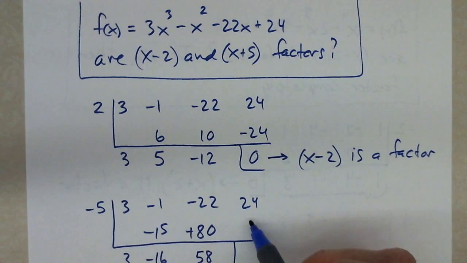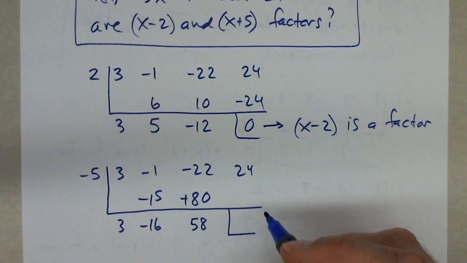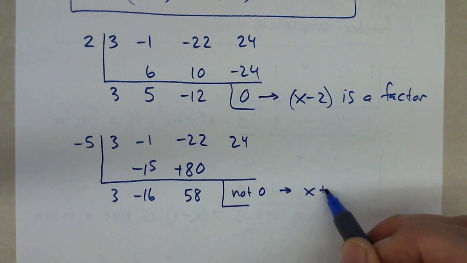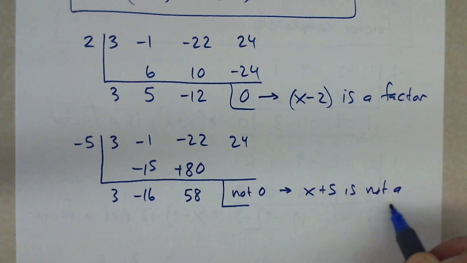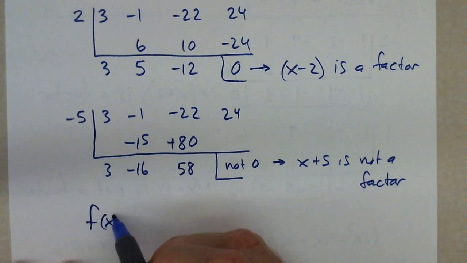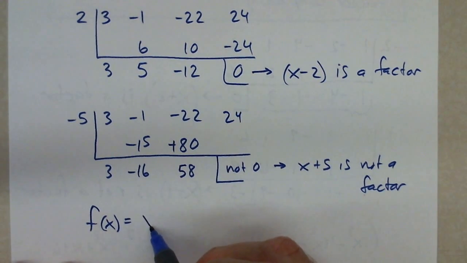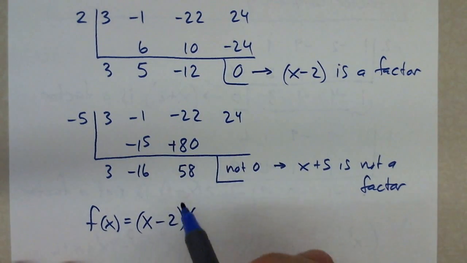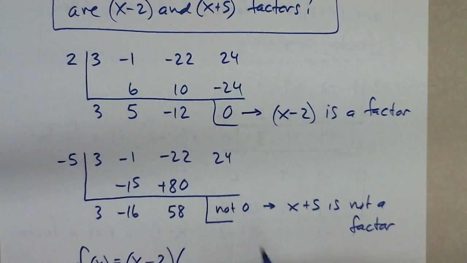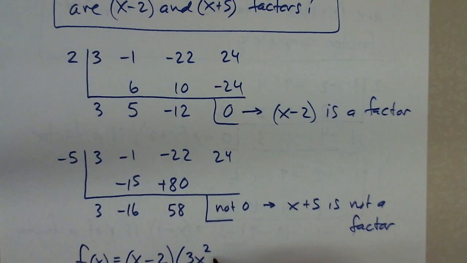And we're going to get something that is not 0 here. So we can say that f of x is x minus 2 times these coefficients in the polynomial, 3x squared plus 5x minus 12.